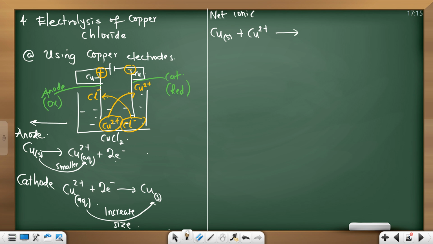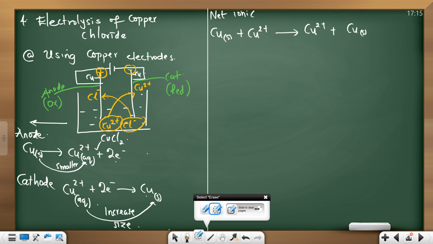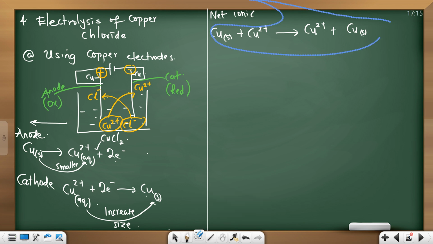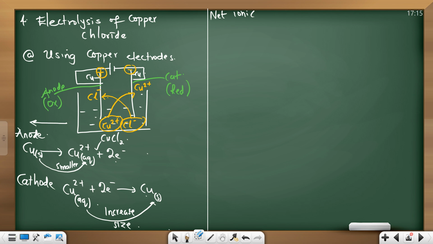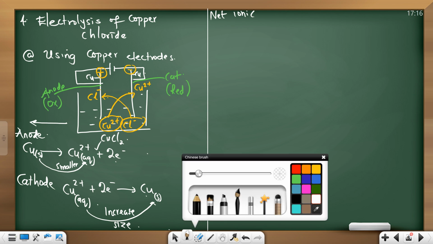What's on the right on top? Cu2+. What's on the right at the bottom? Cu. What do you notice here? Are you lost? Okay, great. Don't whisper. Talk. Where are you lost? My net ionic. Which one?